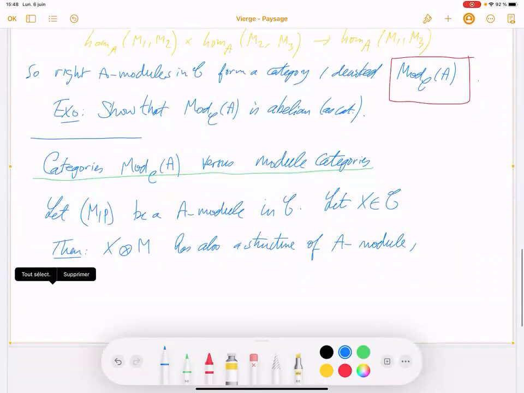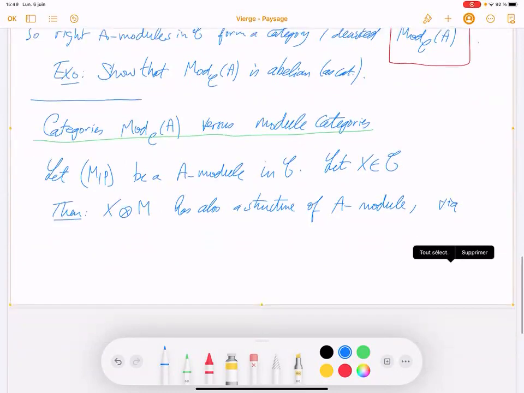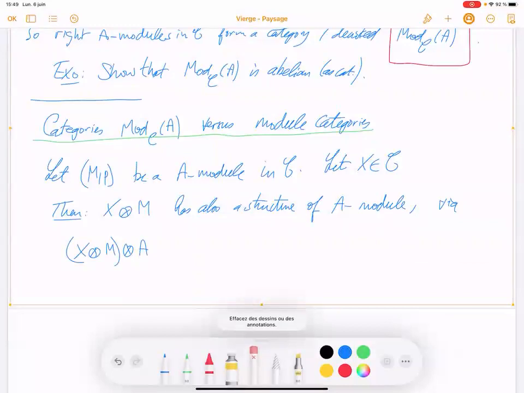So we need to define a morphism, via the following, for the module product. For X tensor M to be a module, we want the morphism from X tensor M tensor A to X tensor M. So you apply the associativity constraint first, moving the parenthesis like that.